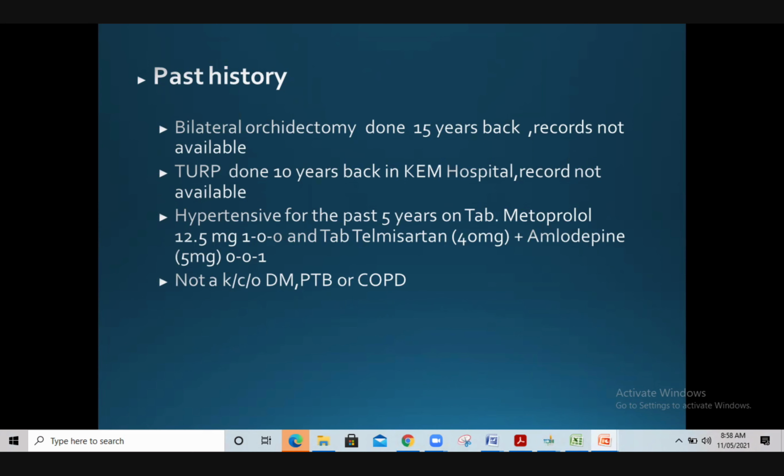How many patients of CA prostate after orchidectomy live for 15 years? At least 50, more than 50% of the patients. You must have this data because it's an important question.